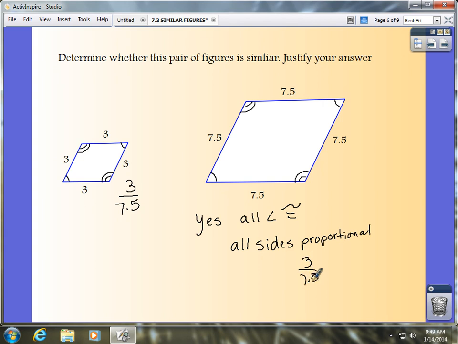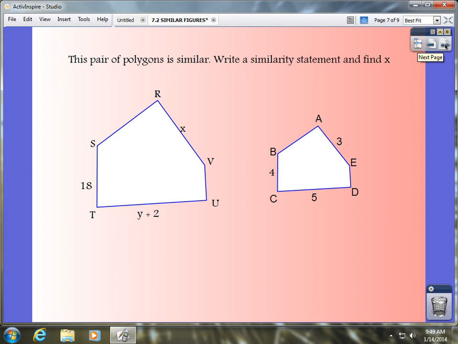Write a similarity statement. A similarity statement puts the angles in order, their corresponding angles. So I'm going to start with this one right up here because it's the top, and I'm going to work counterclockwise. It doesn't really matter if you work counterclockwise or clockwise.